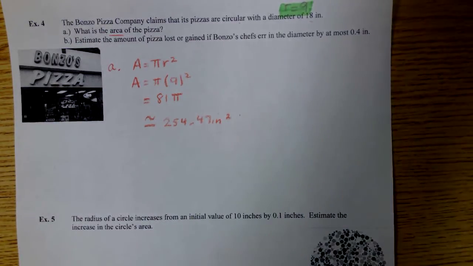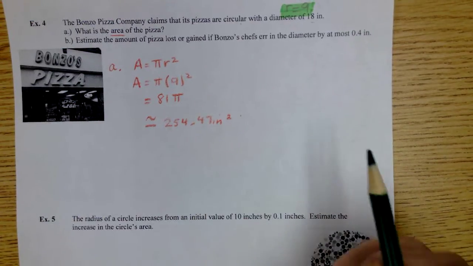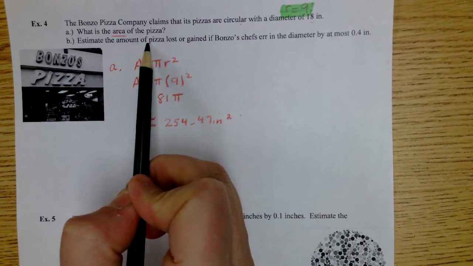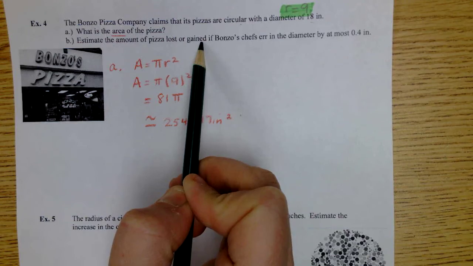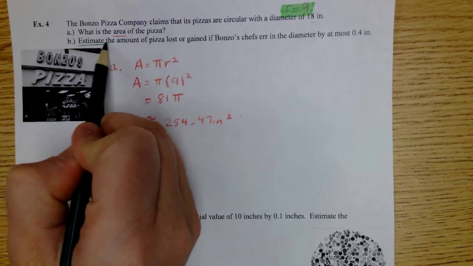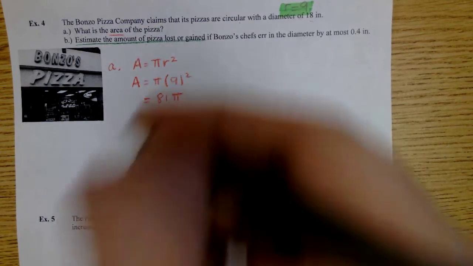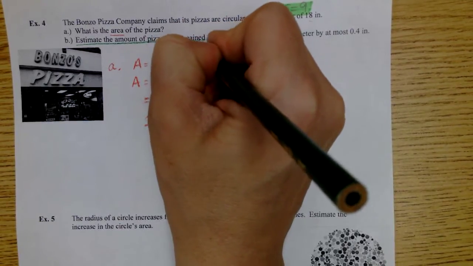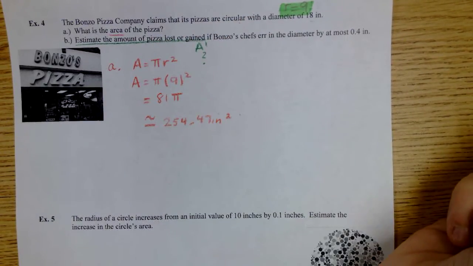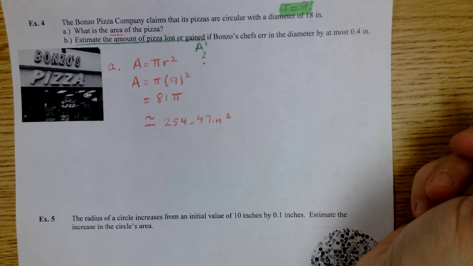But then when we move to part B, estimate the amount of pizza lost or gained. Okay? This translates to we're looking for A prime. How much does the pizza change in area?